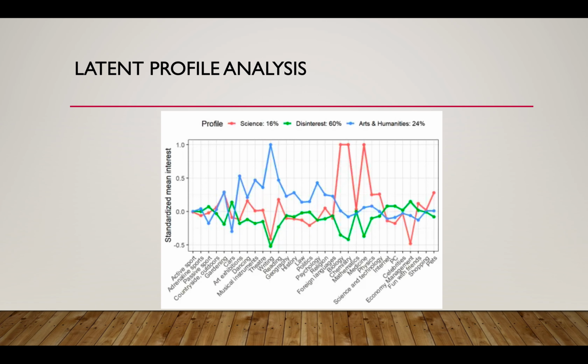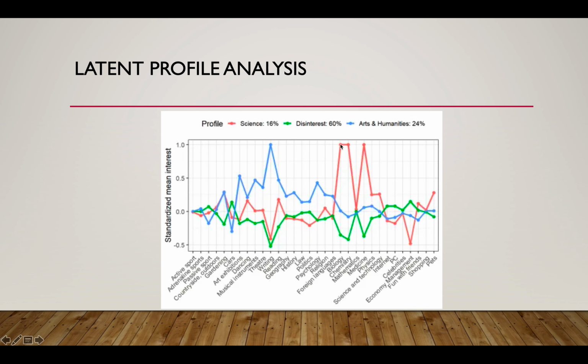And what we see is we get these very distinct profiles. We have this green profile, which is up here, people who just are generally disinterested in academia or academic pursuits. And then we have a red profile, right, where you see dips down here in things like theater, writing, and reading goes up a little bit and then back down to politics.